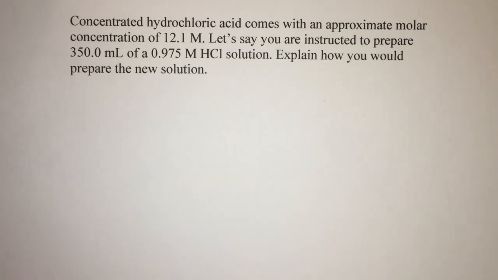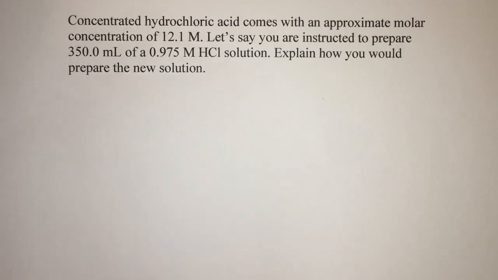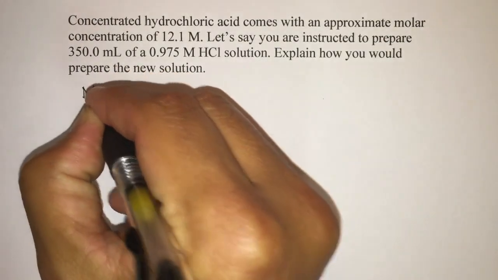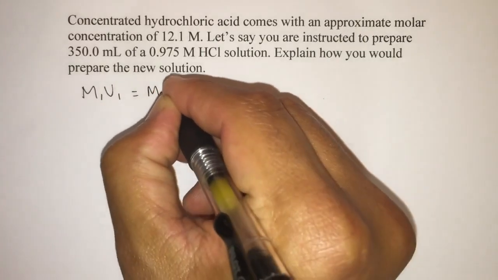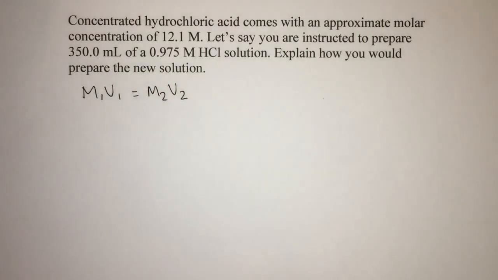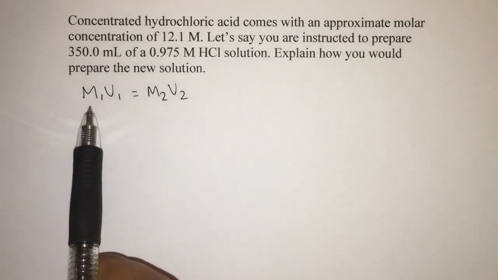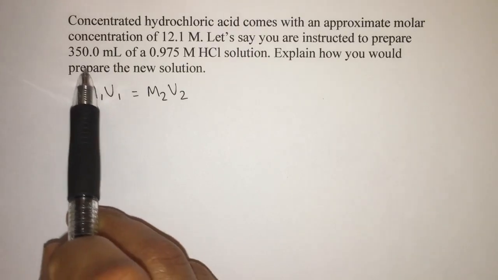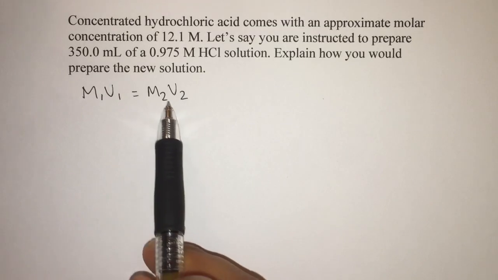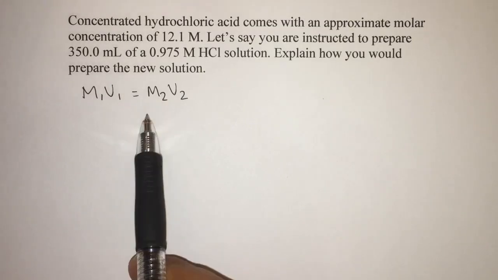This is an indication that we're going to use our dilution equation, M1 times V1 is equal to M2 times V2. The important thing here is that if we know an initial molarity and an initial volume, we can always change the volume to what we want and get the concentration that we want.